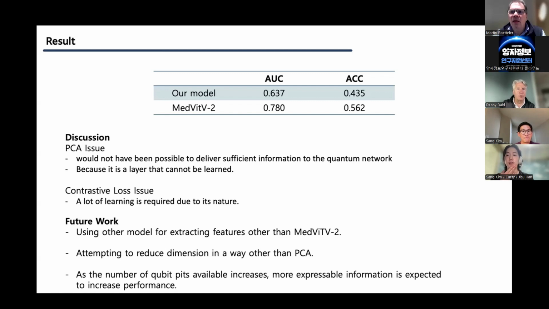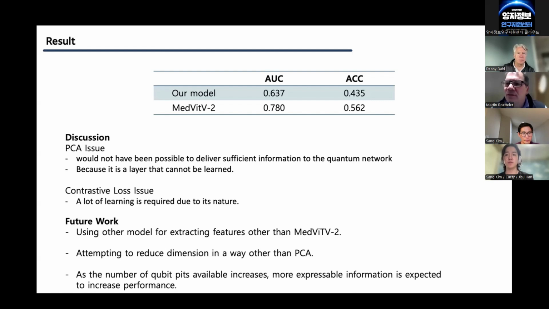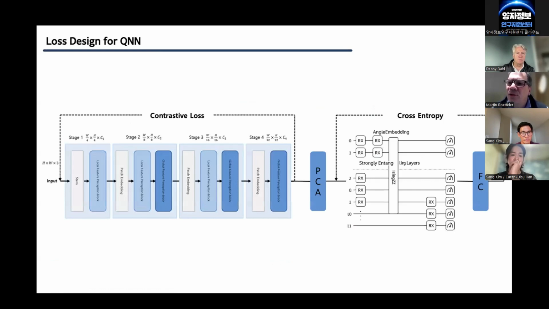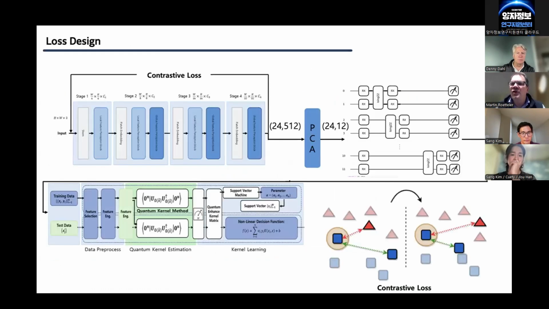Martin has a question. Thank you very much for the nice presentation, first of all. The question is, how do you represent the different color channels of the image, and how big are the channels, and how do you load those into the quantum model? The images you showed looked like RGB images.